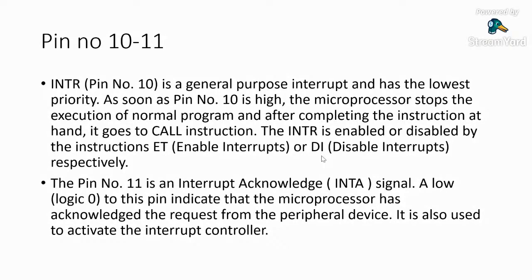As soon as pin number 10 is high, the microprocessor stops the execution of the normal program, and after completing the instruction at hand, it goes to a call instruction. The interrupt is enabled or disabled by the instruction EI, enable interrupts, or DI, disable interrupts, respectively.